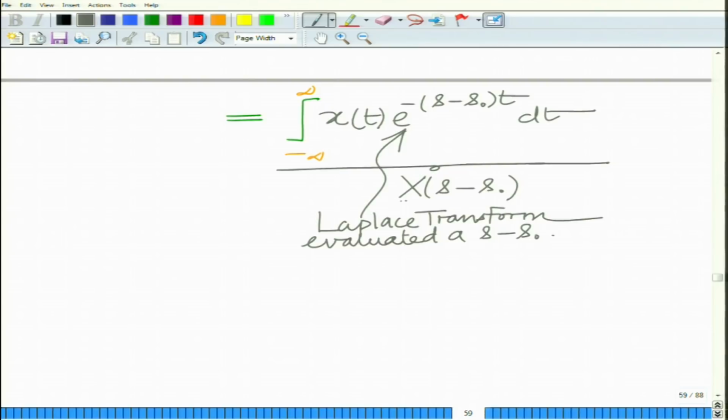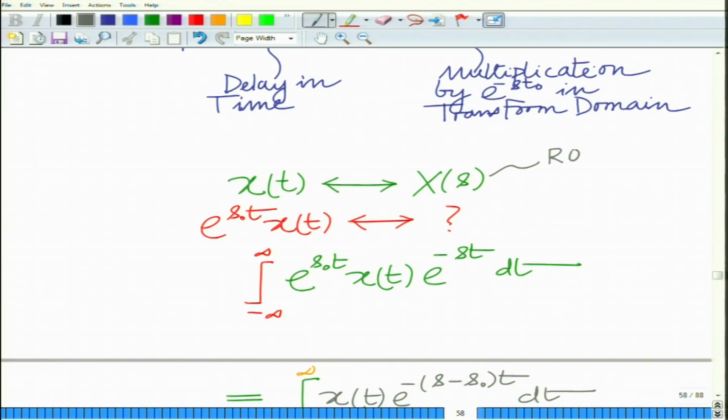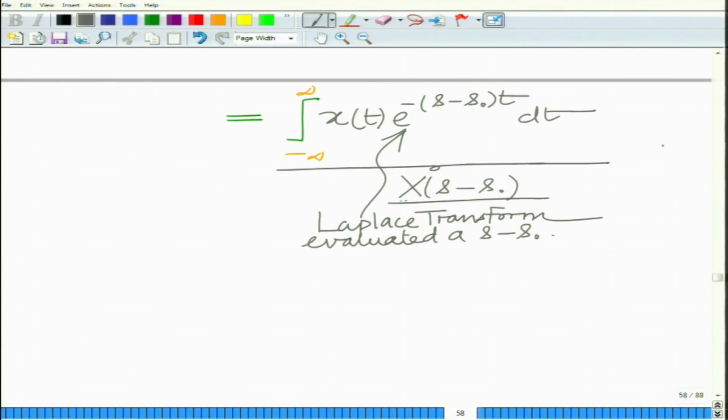However, for the region of convergence, if x of t has ROC equal to R, then for this to converge we need s minus the real part of s naught to belong to R, which implies s belongs to R plus the real part of s naught.